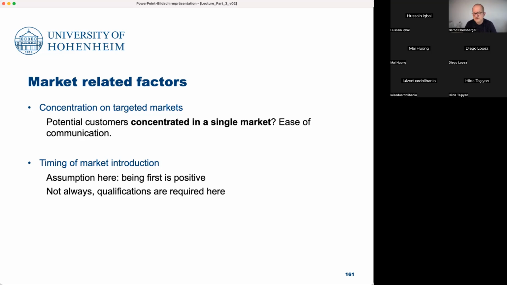Market related factors is, of course, concentration in the targeted market. Do you have easy access to consumers? Are they concentrated somewhere? Can you easily communicate with these consumers, etc.? We will talk about the concentration and the urbanization, etc., when we talk about innovation in emerging economies, when we talk about innovation for resource-constrained consumers, then this concentration of customers comes up in urbanized areas.